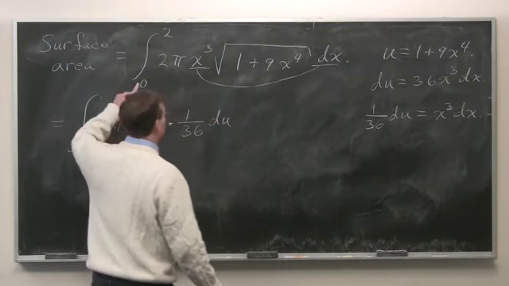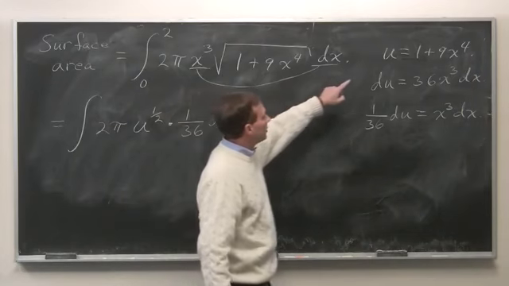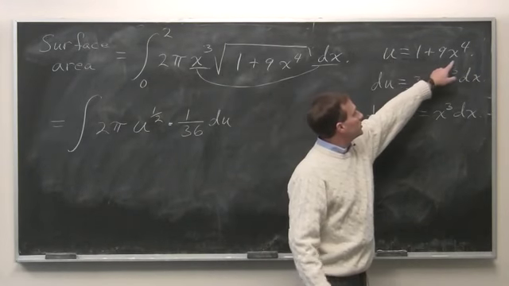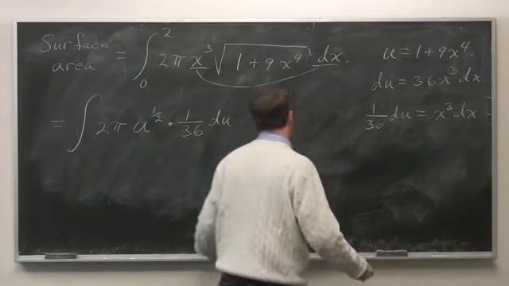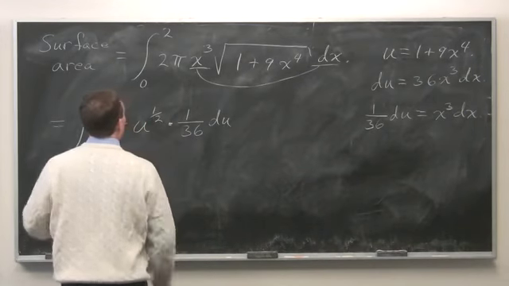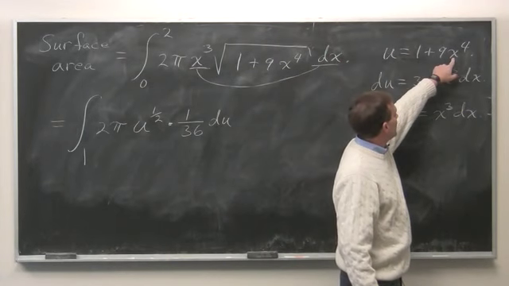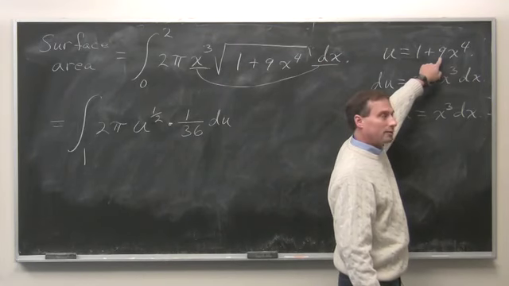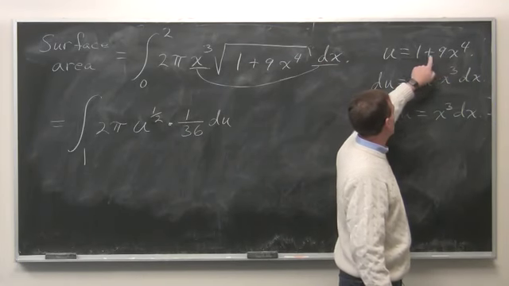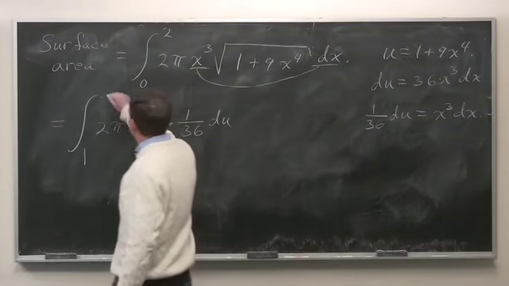We should change our limits of integration. When x is 0, u is 1 plus 9 times 0, so u is 1. When x is 2, this is 16 times 9, that's 144, so we get 145.